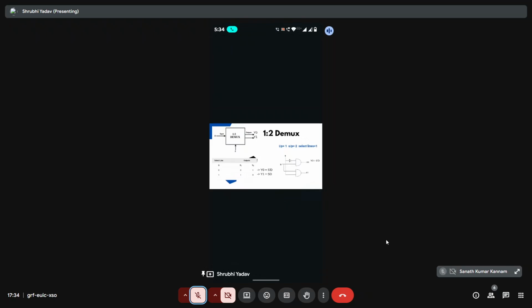In the logic diagram, we can see that for Y0, S bar is connected with a NOT gate and then with an AND gate. And for Y1, S is in true state, so we have connected it directly.